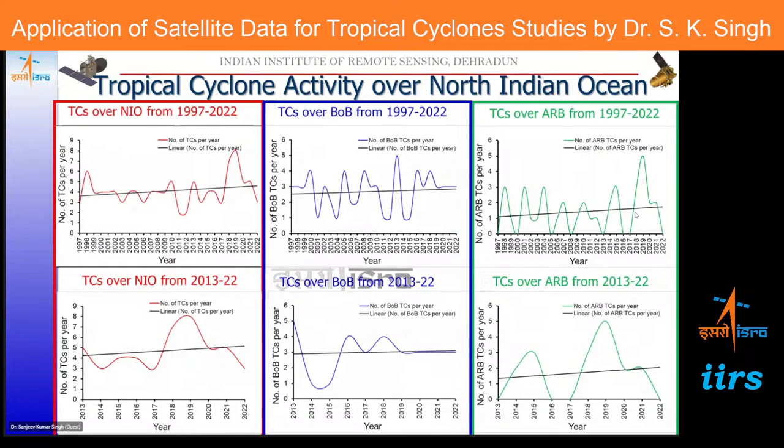But over the Arabian Sea, we can see a slightly increasing trend. Maybe this is due to the larger number of tropical cyclones formed in 2019; only due to this the trend is slightly increasing. Otherwise, there is a constant trend. If you look at the last 10 years also, there is not much change over the Bay of Bengal and Arabian Sea.